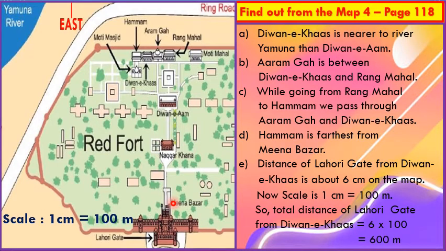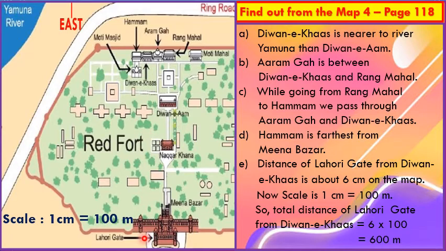About how far is Lahori Gate from Diwan-e-Khas? Answer, we can measure with the scale and verify. The distance of Lahori Gate from Diwan-e-Khas is about 6 centimeters on the map.